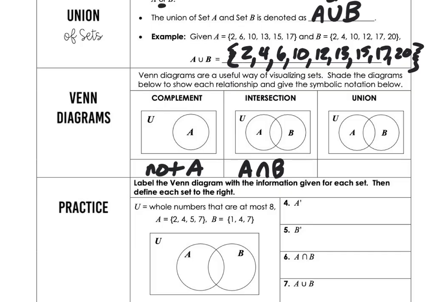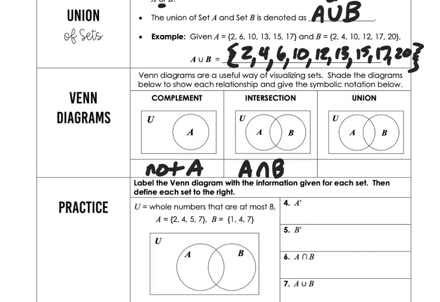Maybe B represents students that are in band. And then there's going to be some overlap, right? There's going to be some students that are in both. So the overlap here would be how many people are doing both classes. There's also going to be some students outside of that that aren't in either one. Students that are in Algebra 2, that aren't in band. Okay, there's going to be students that don't fit in any of those categories. And so that's still the box. The box is outside of that.